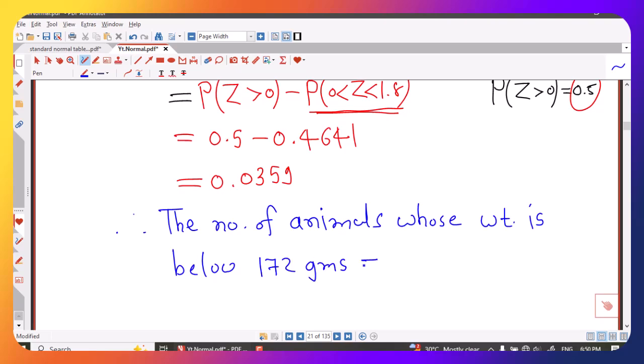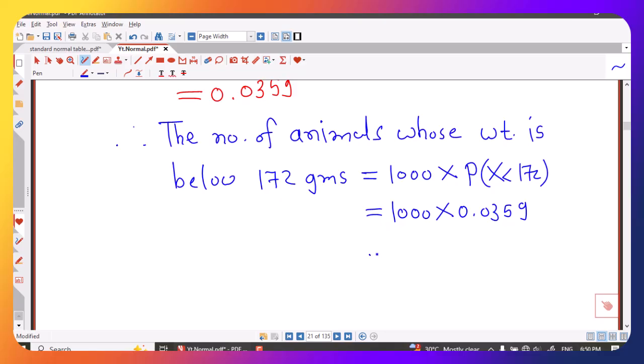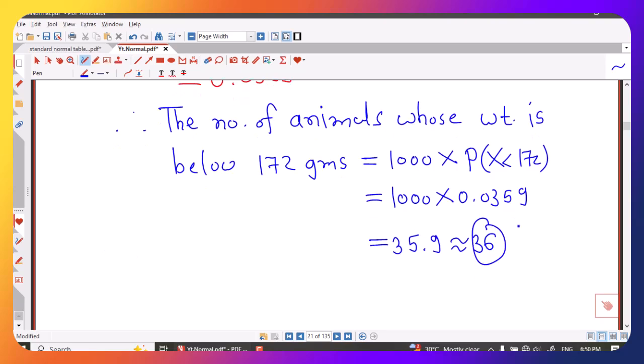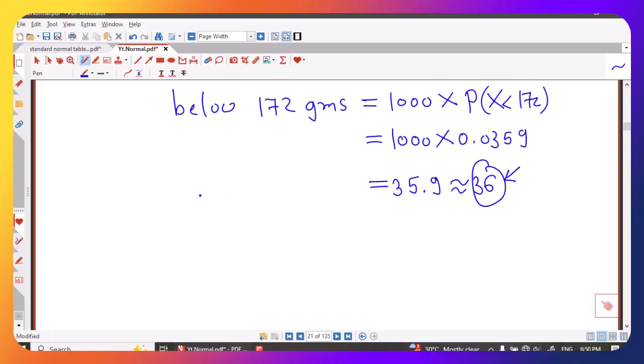We can obtain that by multiplying this probability that x is less than 172 by the total number of elements, and we will find that 0.0359 times the total turns out to be 35.9, and this we can round off up to 0 decimal places as 36. So we can say that approximately 36 animals are having weight below 172 grams.